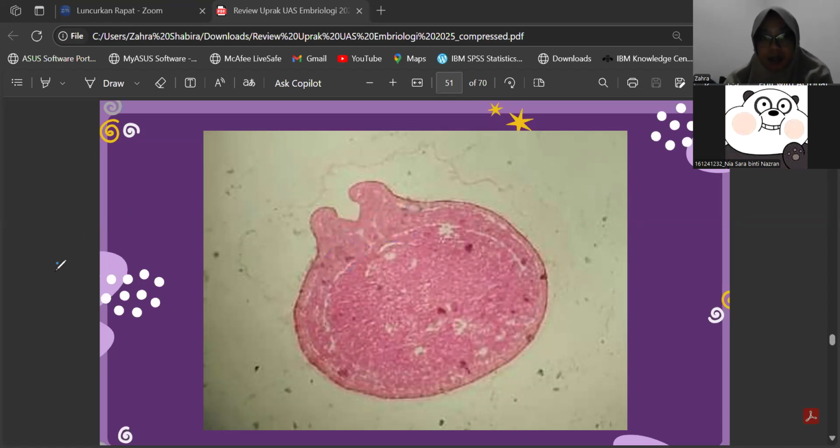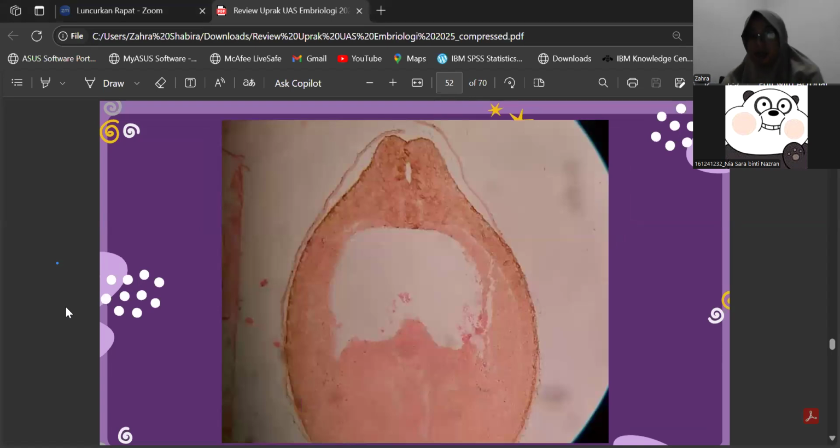Okay, continue to the next part. Now, this phase is early neural tube. Why is it early neural tube? Because there is one special part in the early neural tube: all the horns of the neural fold attach together and become the neural crest over here.